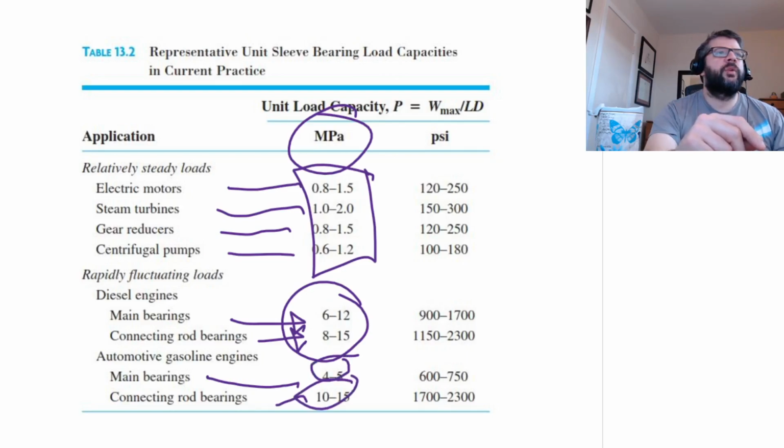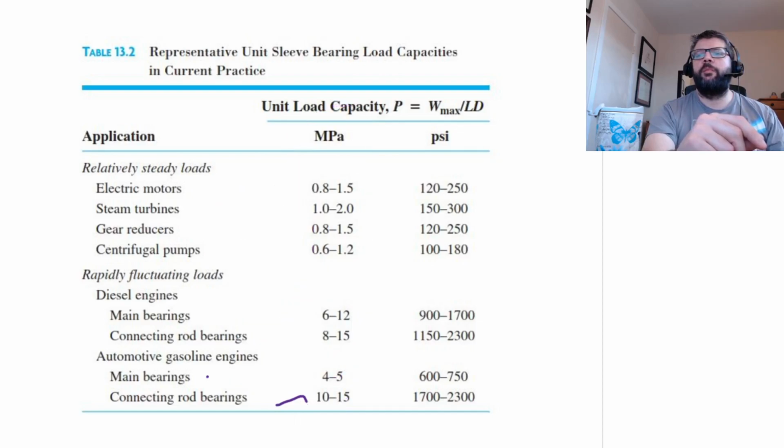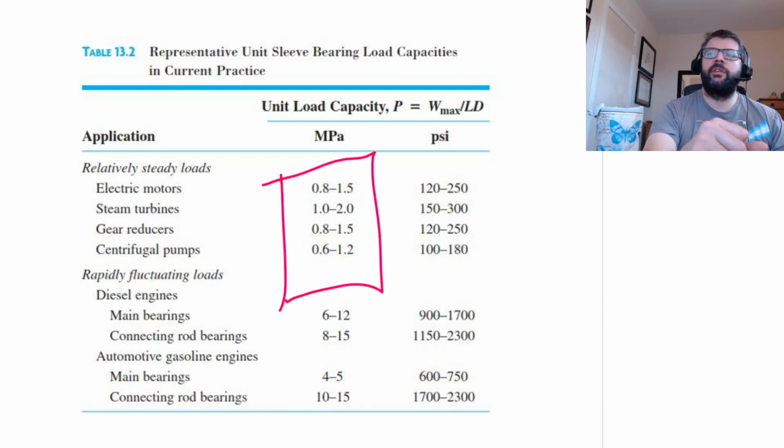Connecting rod bearings will be a bit higher. But that's kind of a good guideline for picking what bearing you're going to be using, because it'll be used to select your L/D ratio, because you're going to know what your maximum load is.